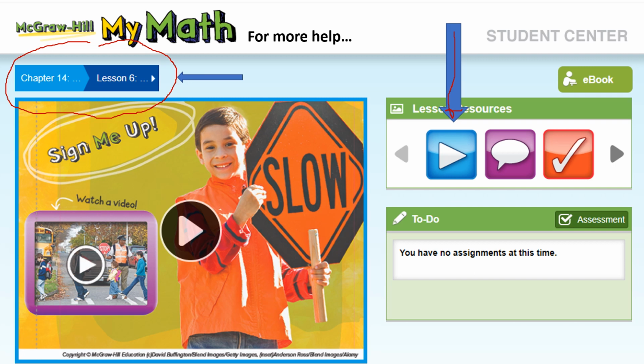So that might be a help to you. Where you see the speech bubble right here, that is actually tutor lessons, some more lessons on how to draw angles. And then you will also find other resources here by clicking the right arrow. So if you're ever stuck, this might be something that would be helpful to you.